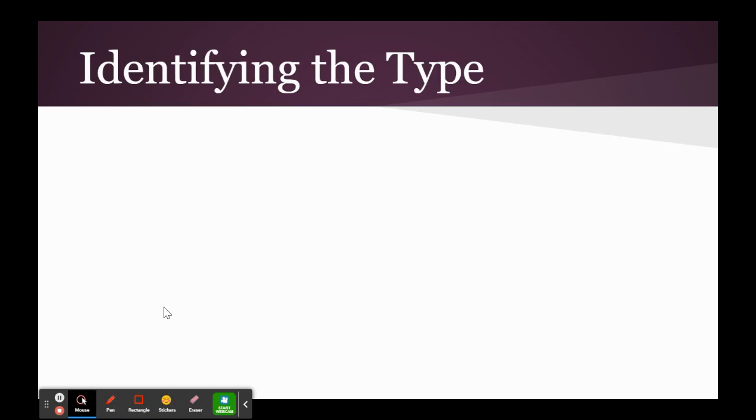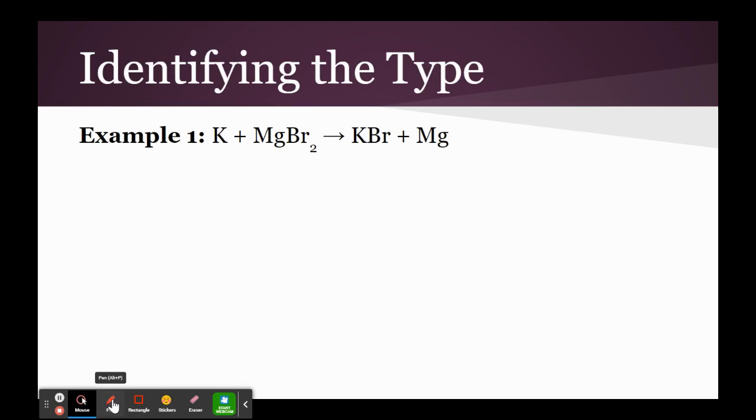Okay, so let's go through some examples and try to figure out what types of reaction they are. Here in example 1, we have a single element combining with a compound, and this K is going to kick out the Mg, and it's going to be a part of the molecule now, and Mg is going to be by itself.